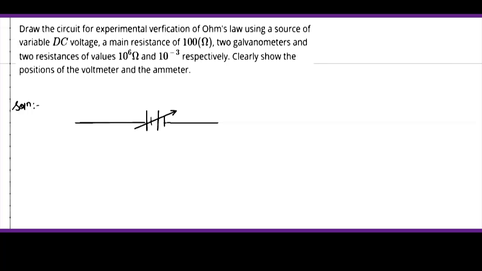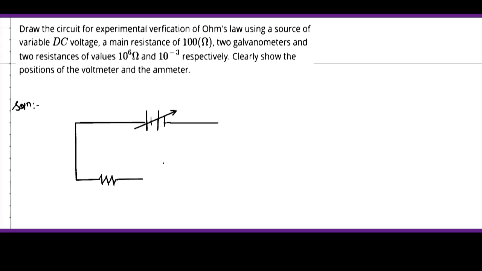This variable DC source is connected with a main resistance of 100 ohms. We have two galvanometers. We all know that an ammeter and a voltmeter are basically two galvanometers only.